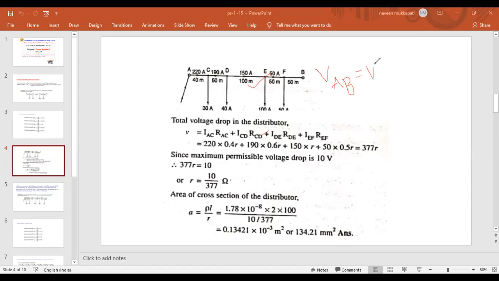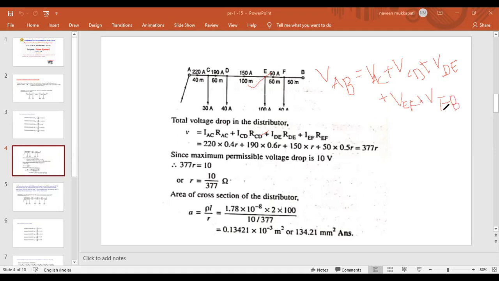Next, we calculate the total voltage drop, that is VAB equal to VAC plus VCD plus VDE plus VEF plus VFB.